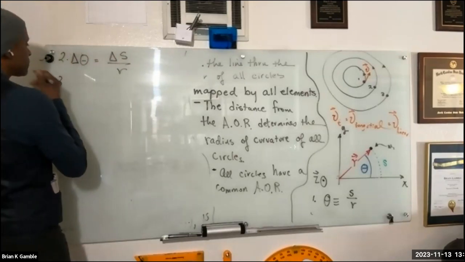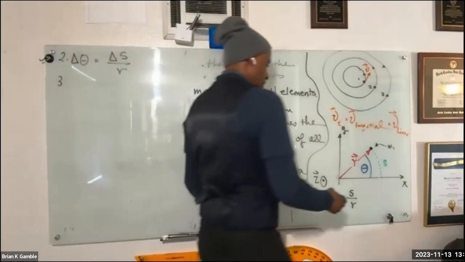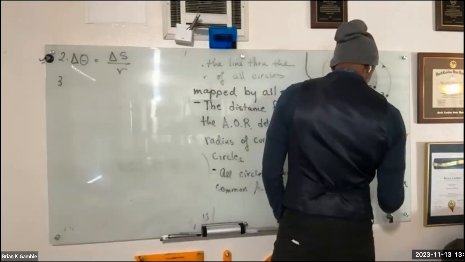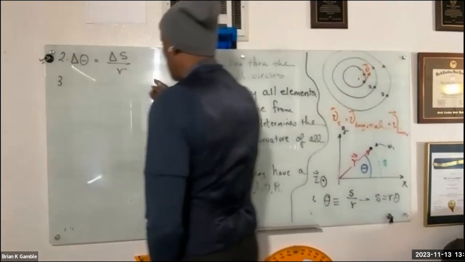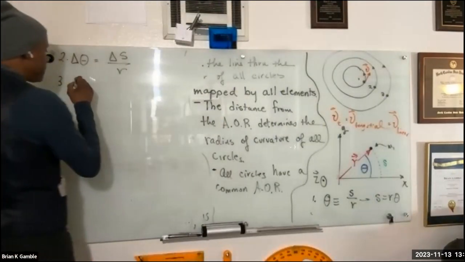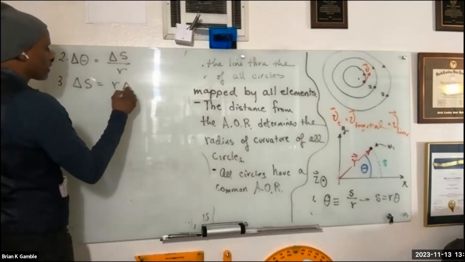Or you could flip these around and solve for S, and this leads to the arc length formula S equals R theta, and maybe more appropriately, this could be written as delta S equals R delta theta.